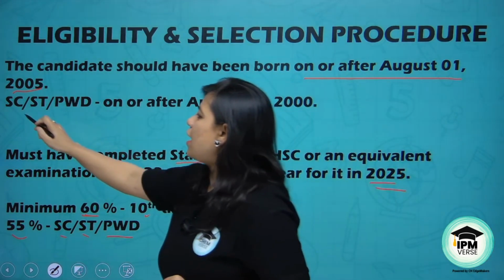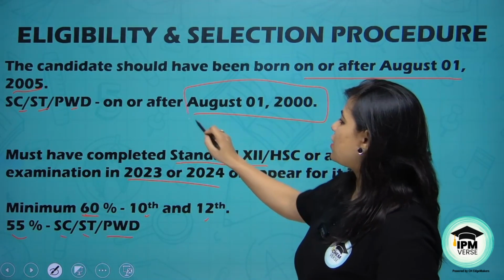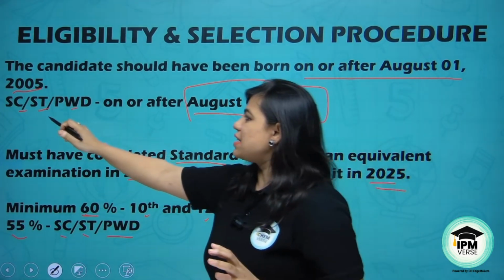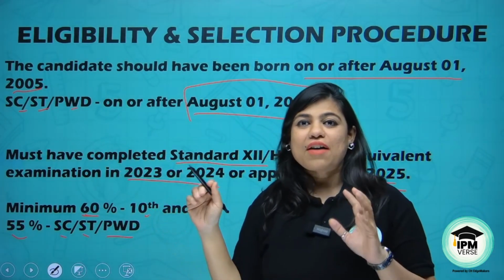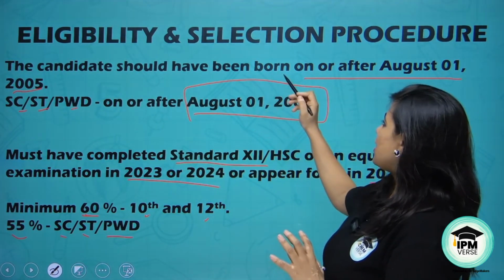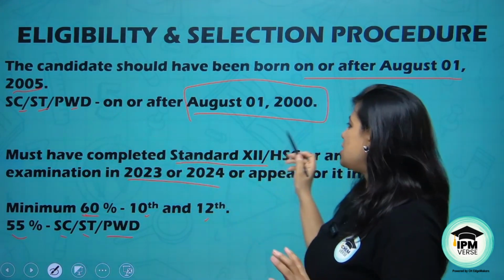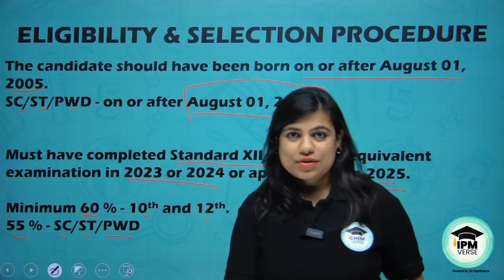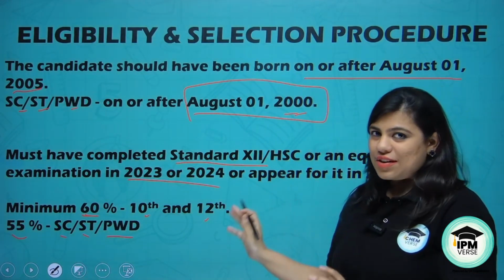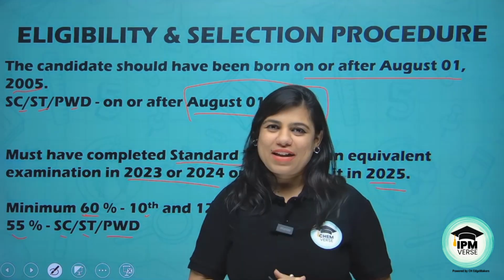For SC, ST and PWD candidates, there is a 5 year relaxation: for general candidates it is 2005, and for SC, ST and PWD candidates it is 2000. So they have relaxation in this.